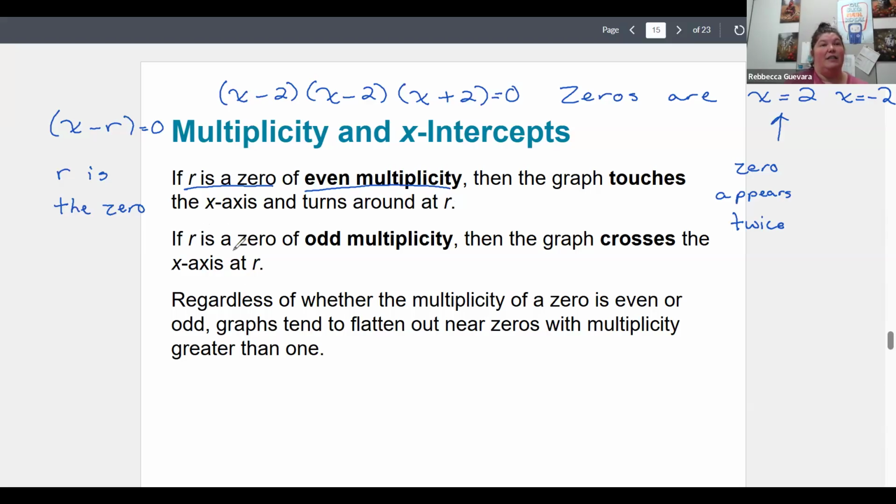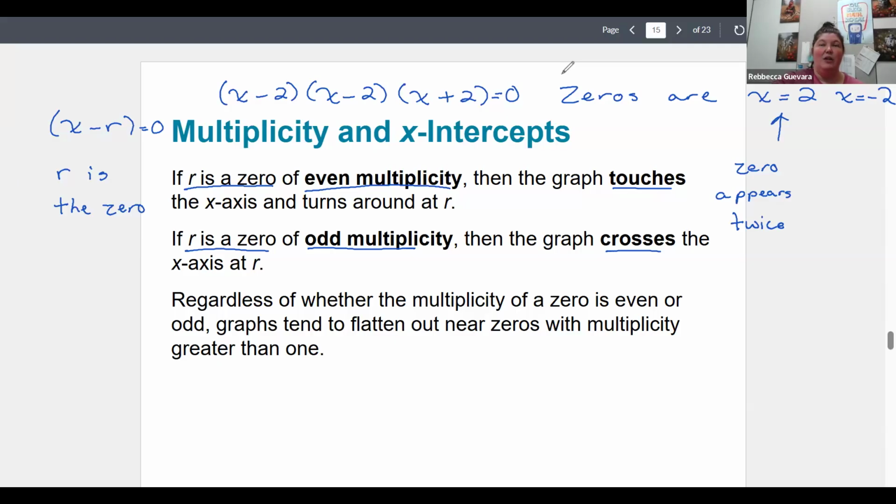If r is a zero of odd multiplicity, then we're going to cross the x-axis at r. So one touches and one crosses. Regardless of whether the multiplicity of a zero is even or odd, the graph tends to flatten out near zeros with multiplicity greater than 1.